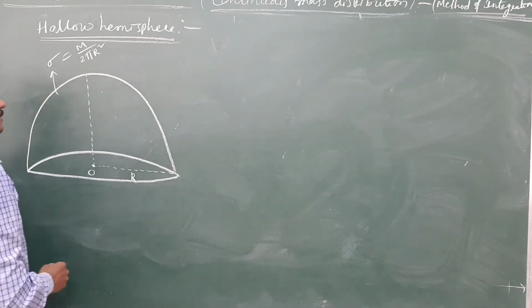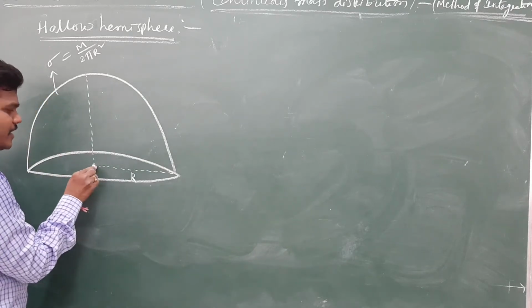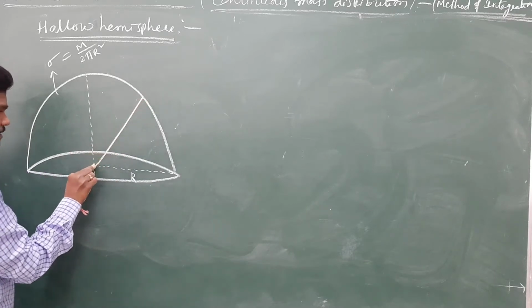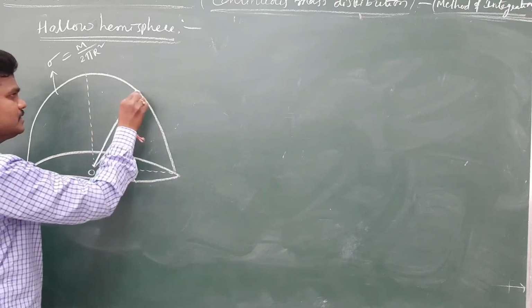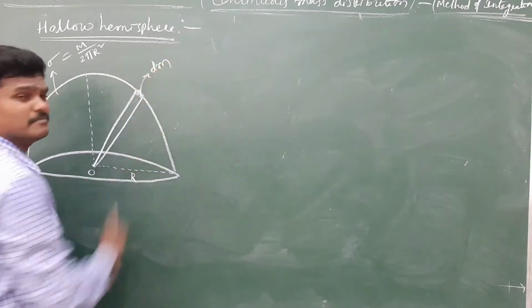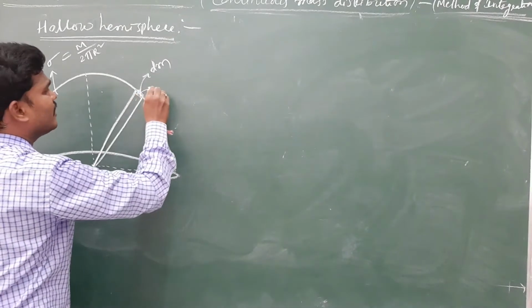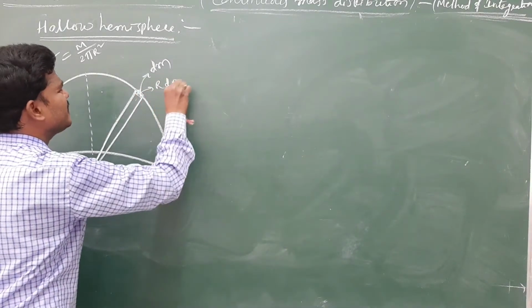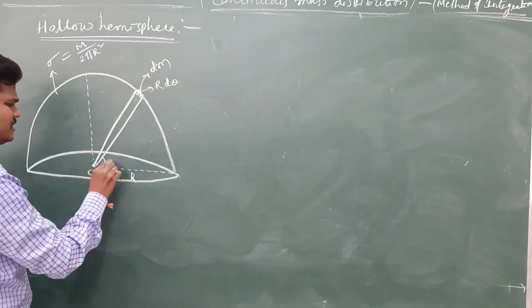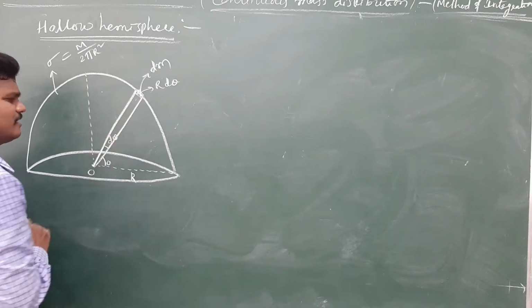To solve this, take a small elemental length somewhere here. This is the small element whose mass is again dm, and arc length is r d theta, angle into radius. If this is theta, this is d theta.